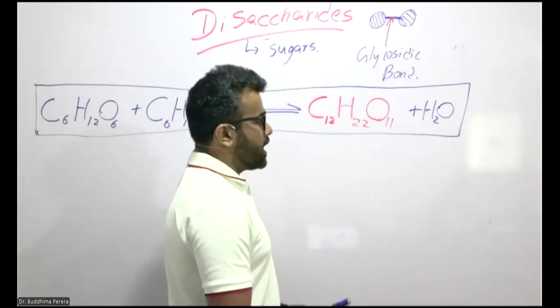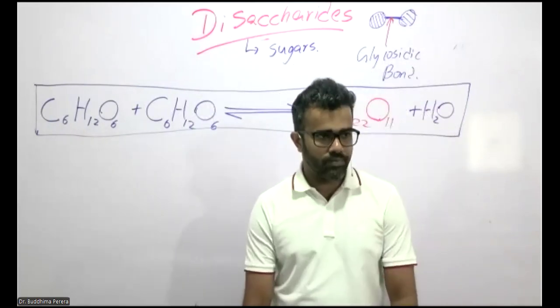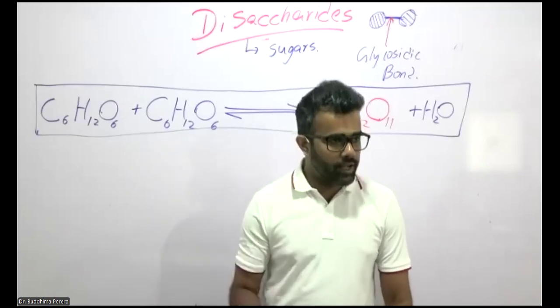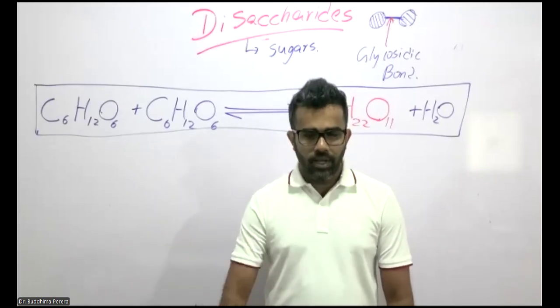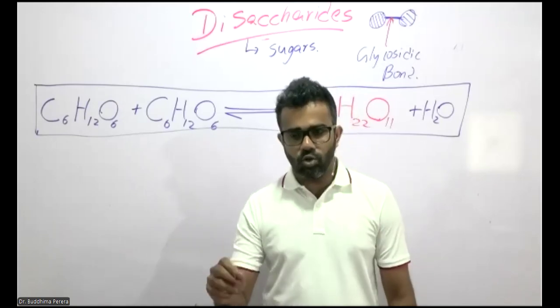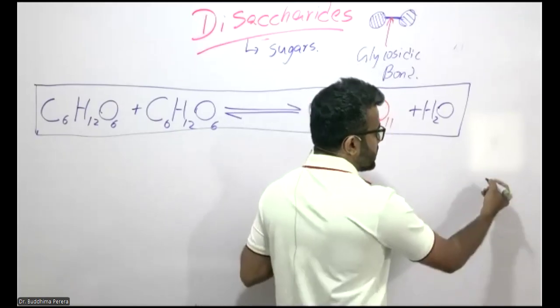When we are considering glucose, when glucose is in dry form, that means in the packets, they are linear molecules. Linear means they are like this.